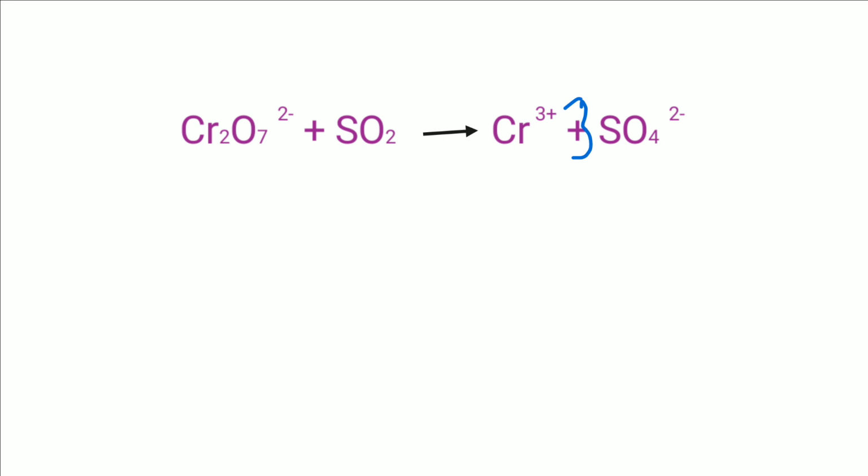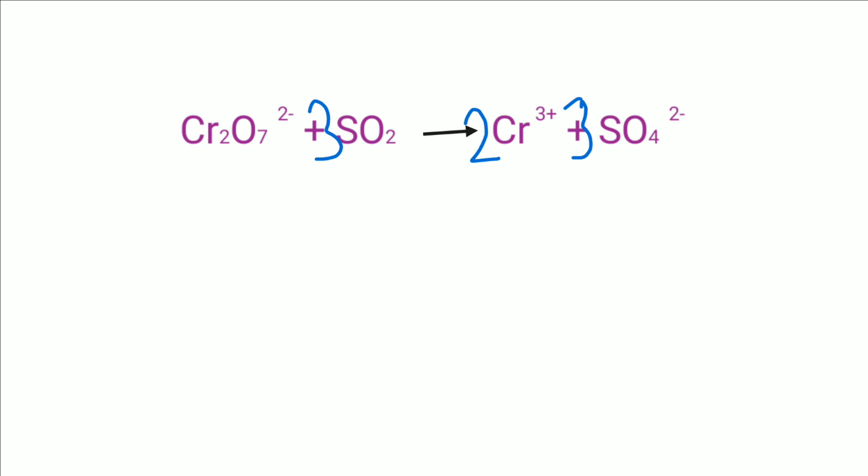So on the right hand side, 3 sulfate ions we have mentioned. Therefore, before sulfur dioxide also we need to mention the coefficient 3. Now we need to check chromium. On the left hand side, 2 chromium atoms are there. Therefore, on the right hand side, we need to balance this by multiplying by 2.